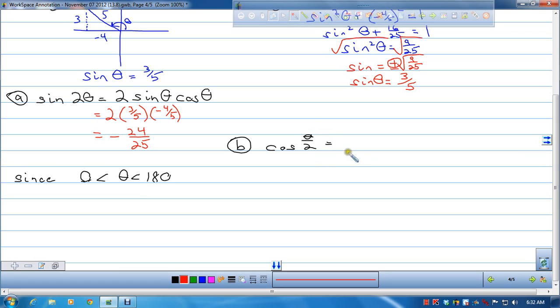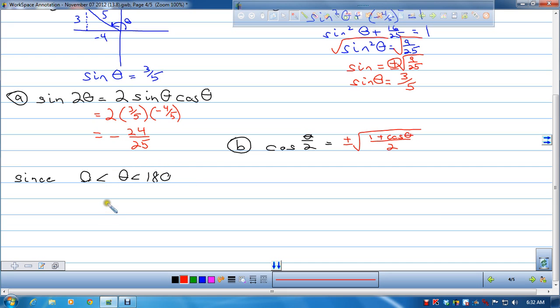Now, the half angle formula of cosine goes like this: plus or minus square root of (1 plus cosine theta) over 2. First thing we should do, if we can, is identify whether it is going to be the positive or the negative. And down here is where I'm going to figure that out.